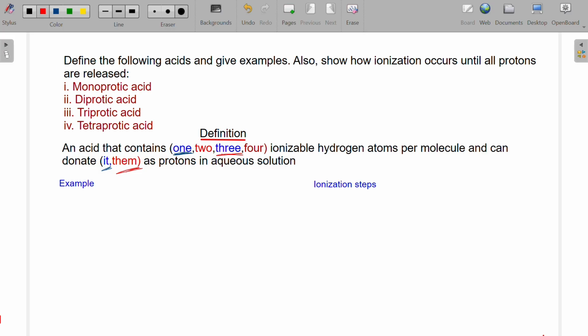By doing this, for a monoprotic acid, we are going to say the general one will be HA. This is the general representation for an acid. So we're going to have HA, and we are putting it in water. The A is the conjugate connected to the hydrogen, the substance connected to the hydrogen. The hydrogen is the acidic hydrogen that makes it an acid.